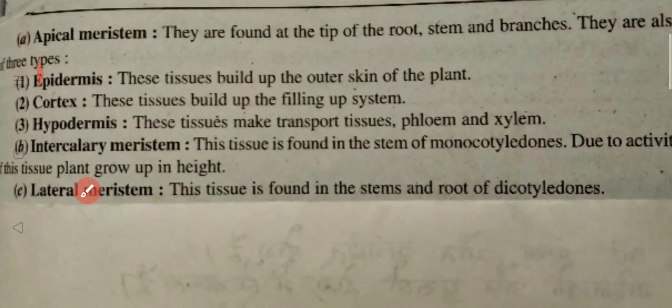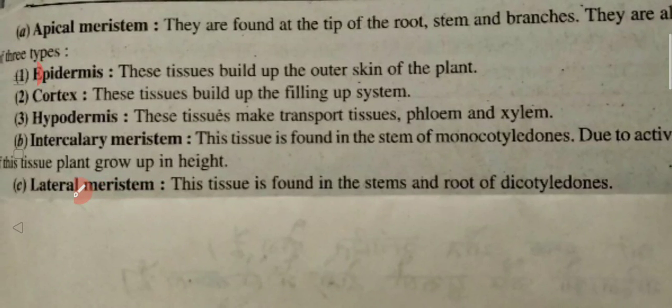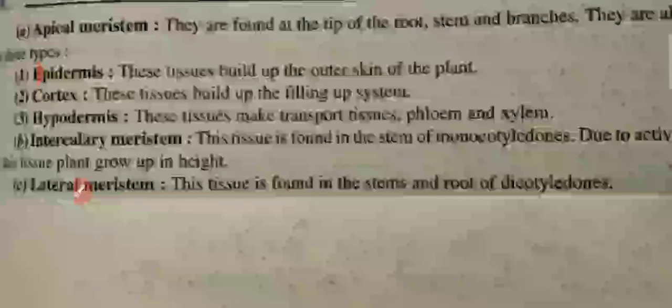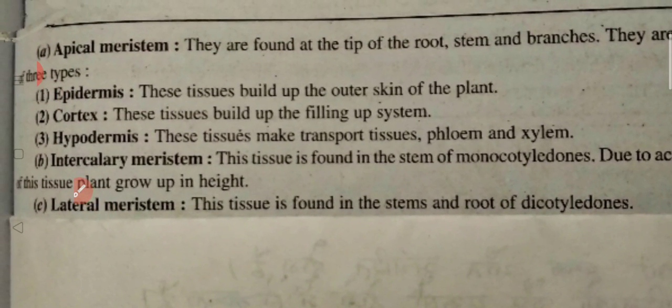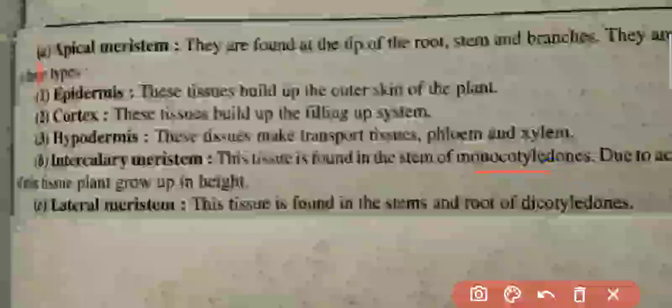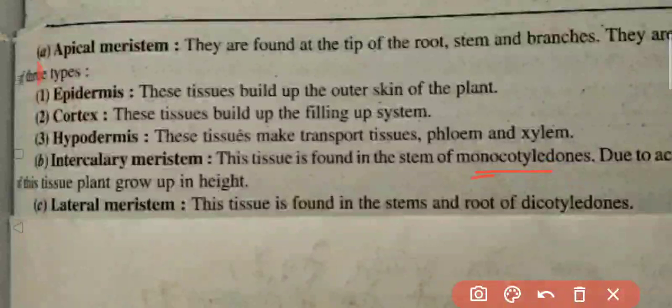Intercalary meristematic tissue is found in the stem of monocotyledon. I told you about monocotyledon when we were reading the lesson diversity in living organism. Monocotyledons are those plants who has the seeds with one cotyledon, like maize, wheat, bajra.